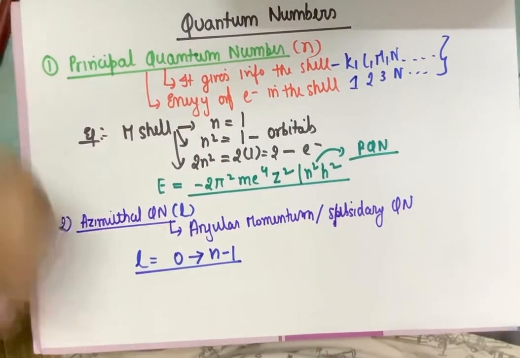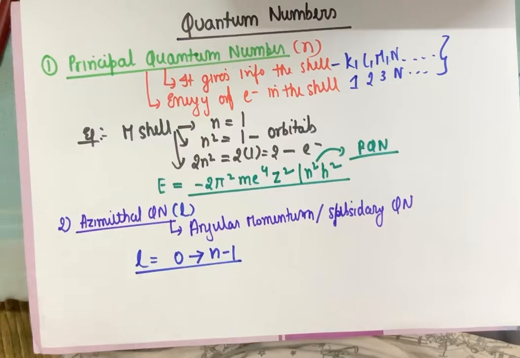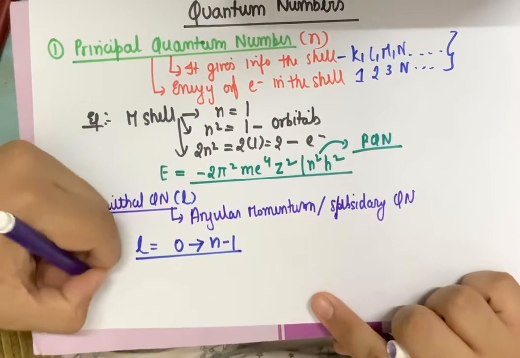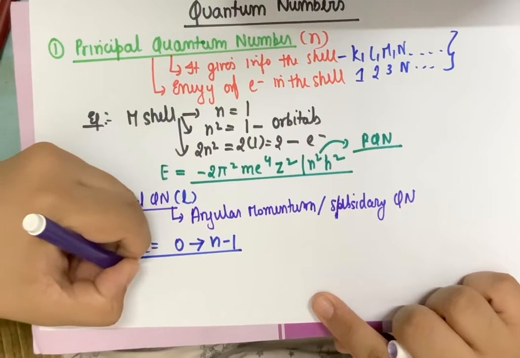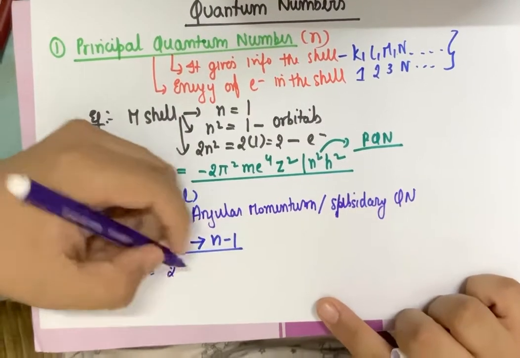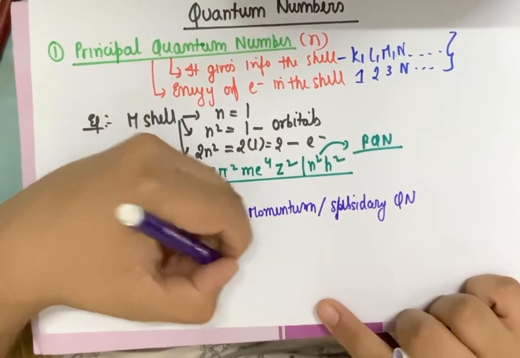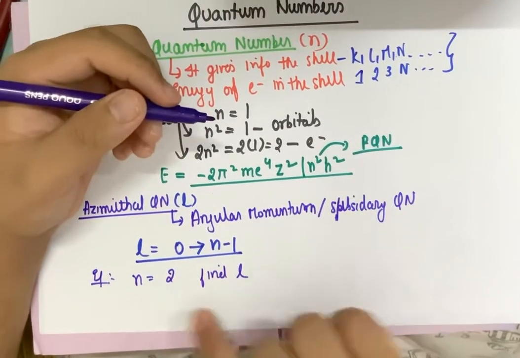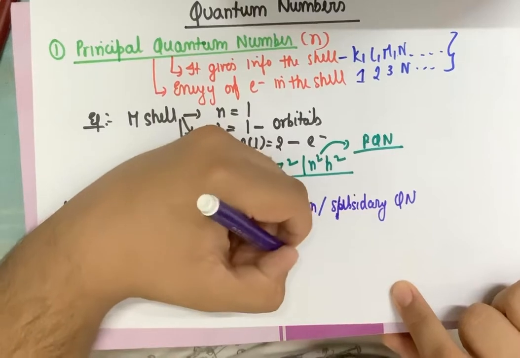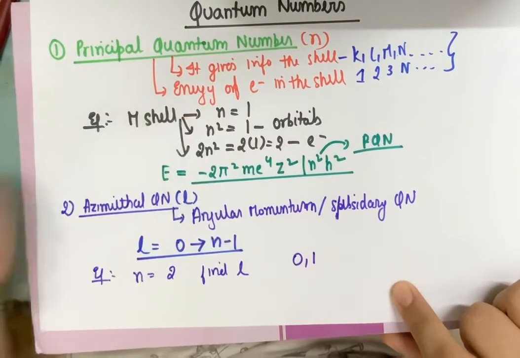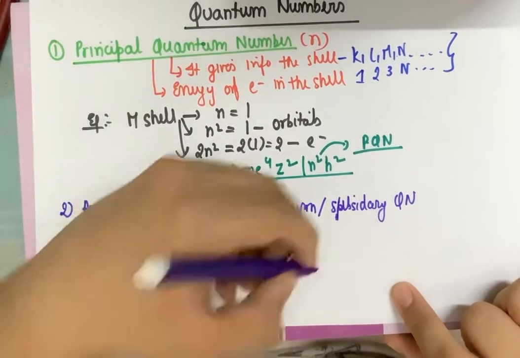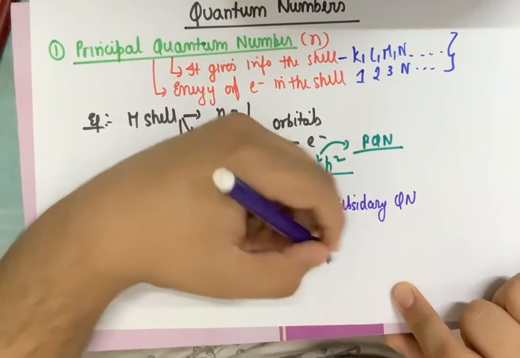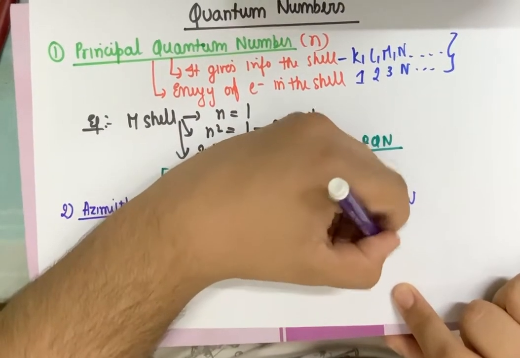Let me take an example, you will understand. Suppose I have n is equal to 2, and I have to find L. So 0 to n minus 1, that means 0 to 2 minus 1, that means 1. So what are the values of L? 0 and 1. So two values of L are possible, which are 0 and 1.